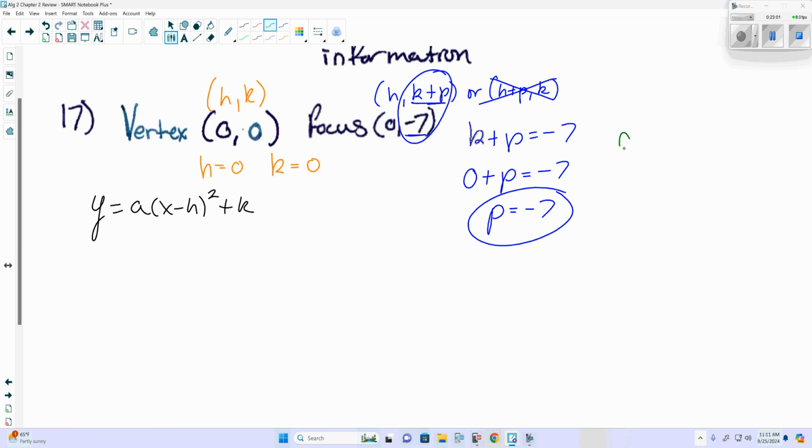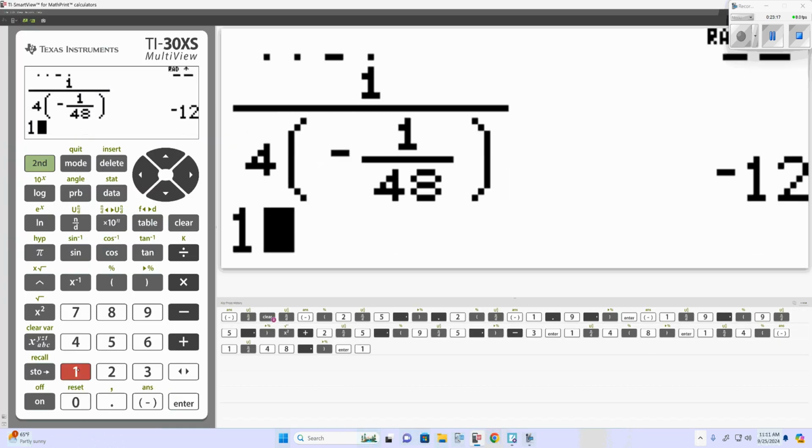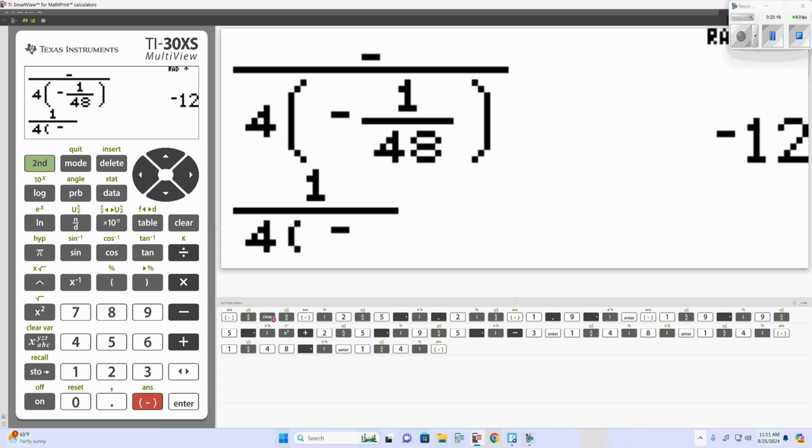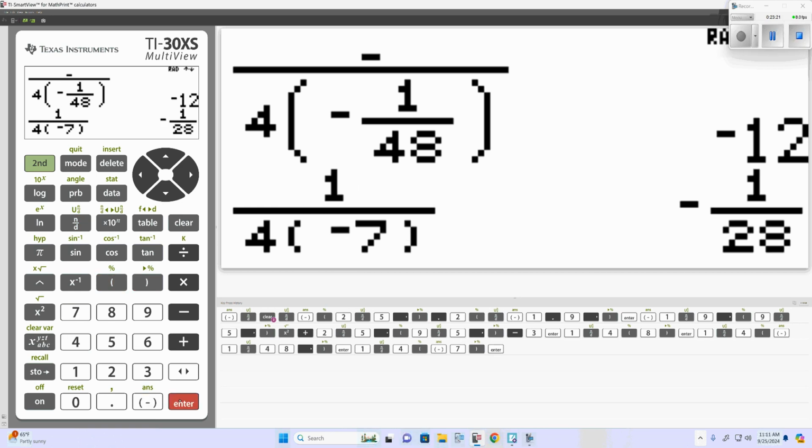Now, as tempting as it is to just plug -7 in for A, we can't, because to find A, the number we plug in, we've got to do 1 over 4 times P, 1 over 4 times that number. And again, we can just grab the calculator. 1 over 4 parentheses -7 is -1/28.